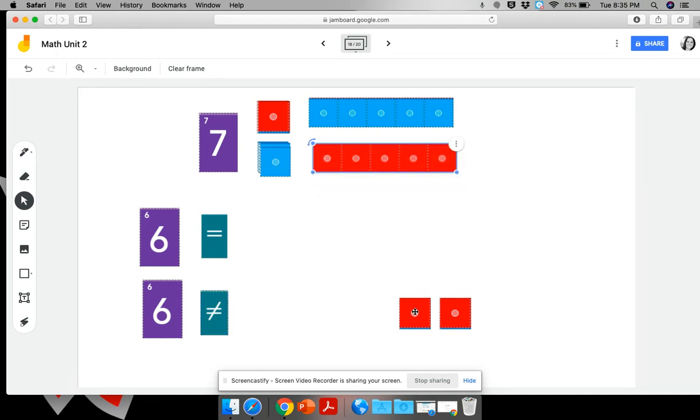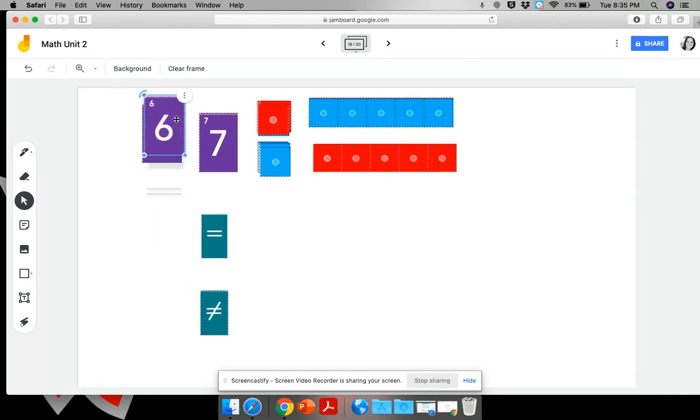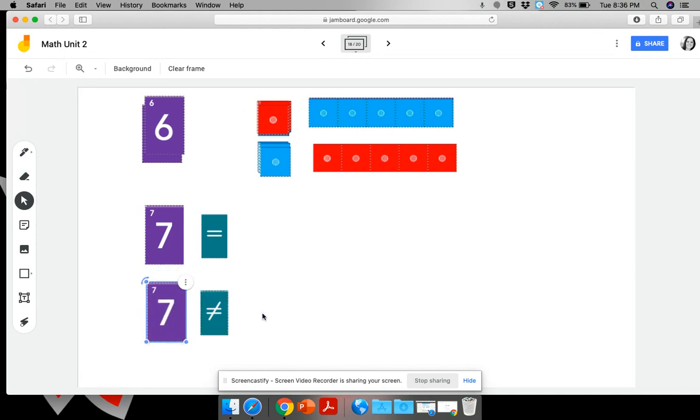And this time, I'm going to use my 5 groups again, but I'm going to switch from the number 6, and I'm going to switch to the number, what number is this? Say 7. Very good. All right, so I'm going to put my 7s down here, and we're going to talk about groups that are equal, which means they are the same, and groups that are not equal, which means that they are different. So I'm going to take my 7s.